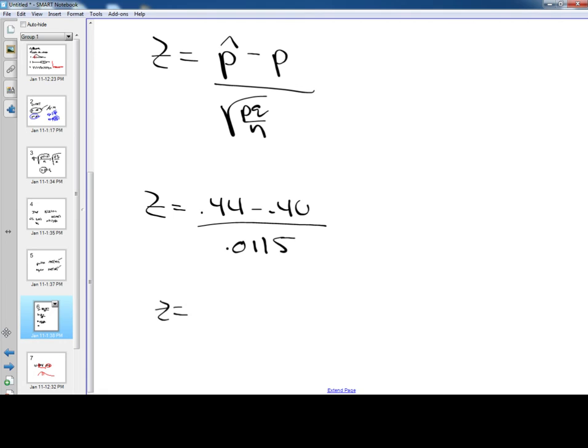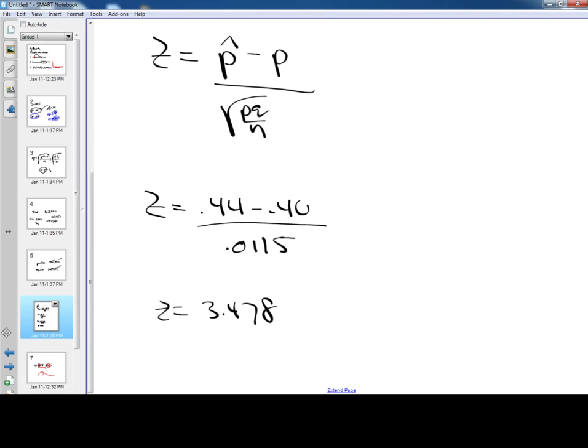Can someone double check that? That's what I got for a Z-score. I just want someone to double check it.